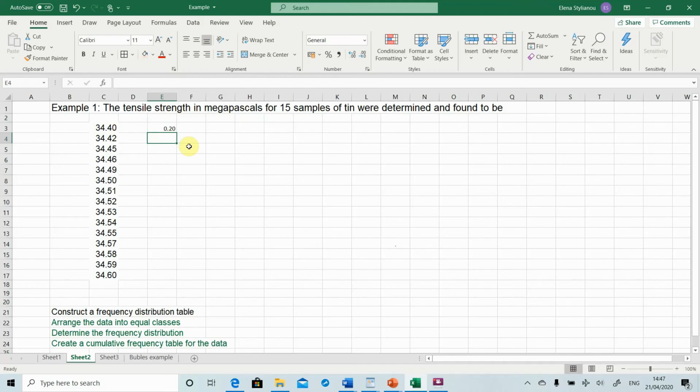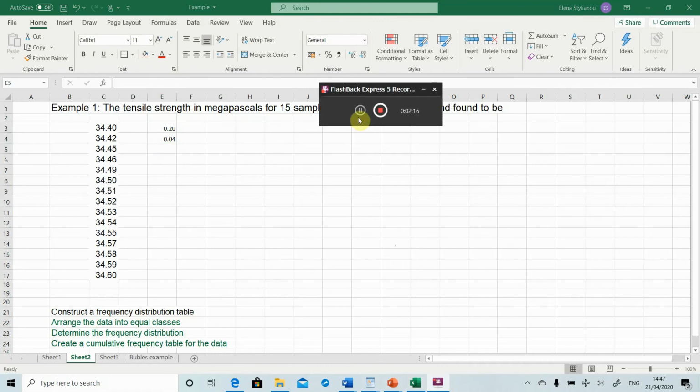For example, if I would like to set up 5 classes, let's calculate the interval for each class. The range we divide by 5, and approximately 0.04 will be our width for each class.